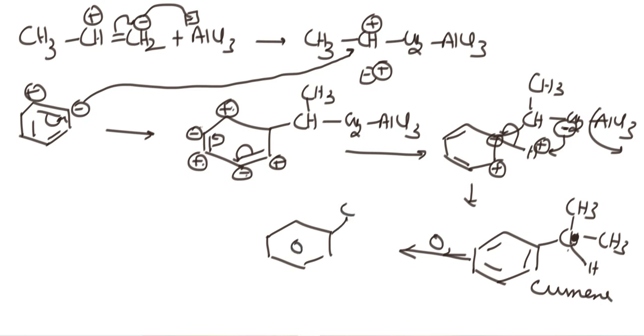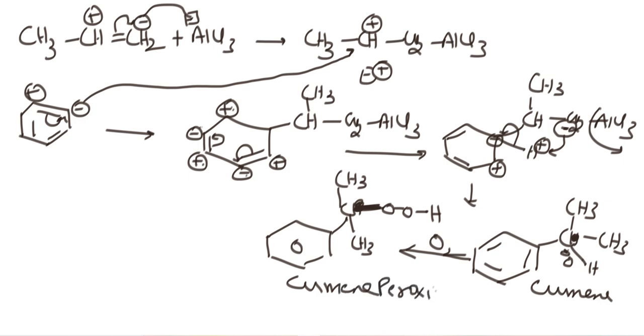This is C, CH, here there is no bond, H. Okay, just two oxygens are inserted here, that's all. Then this is forming cumene peroxide. This is called cumene peroxide.